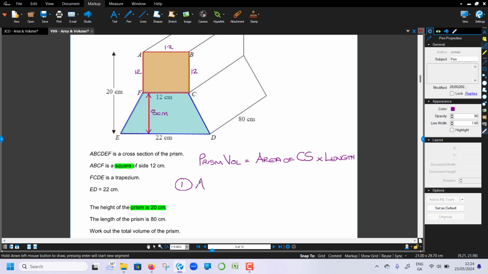Okay, so first, what is the area of the cross-section? So area of square. What's the area of the square? It's 12 times 12, which is 144. I'm not going to bother putting in units right now. Then the area of the trapezium.